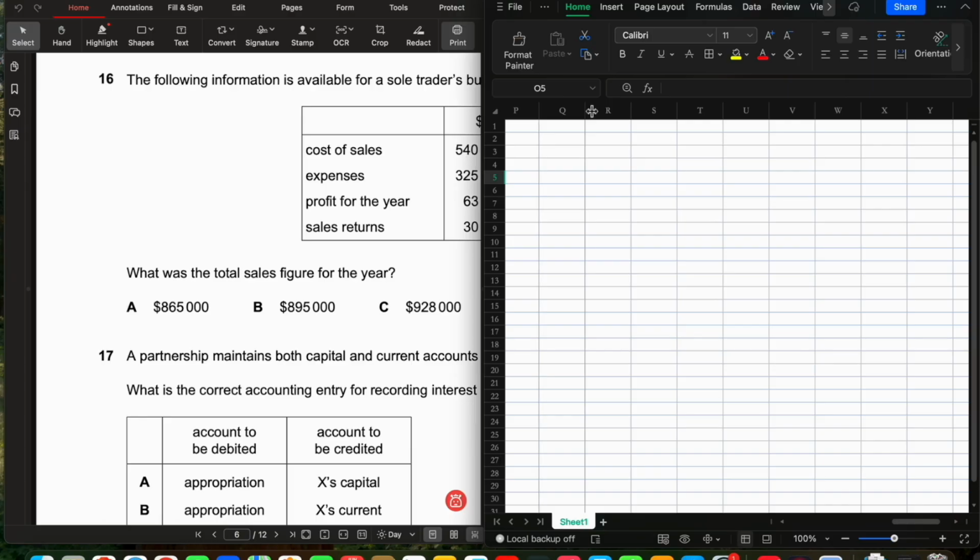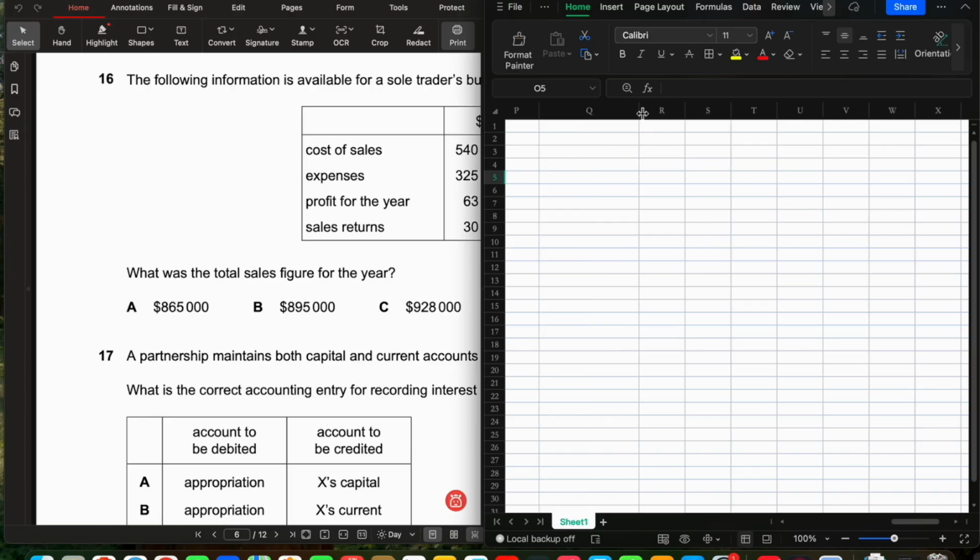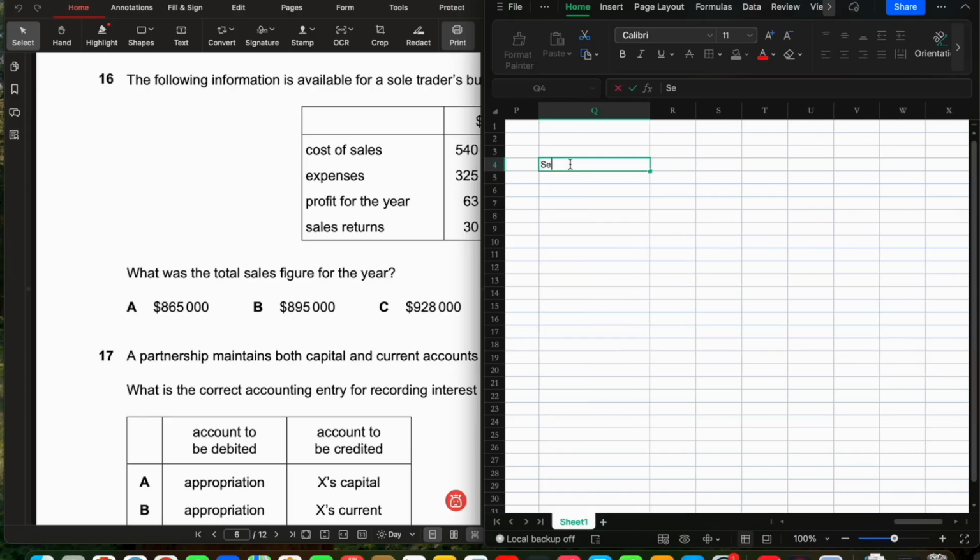in this question. So normally we write sales, and we don't know that amount yet, okay, and then in this we subtract return, and then this return amount is 30,000.